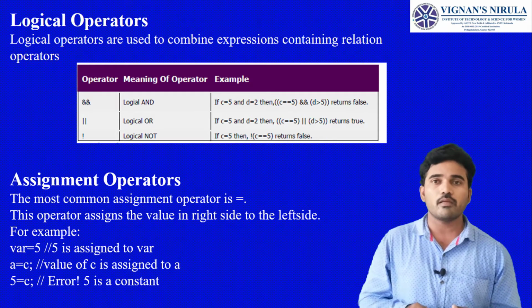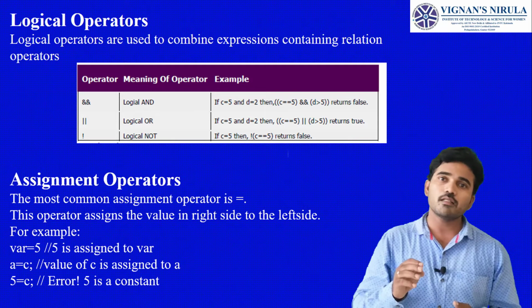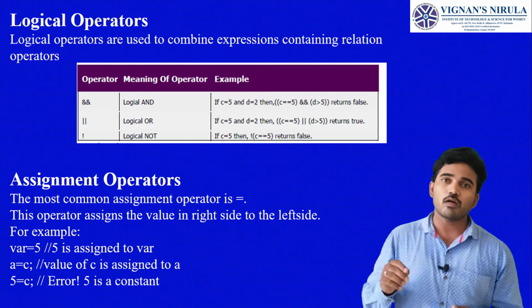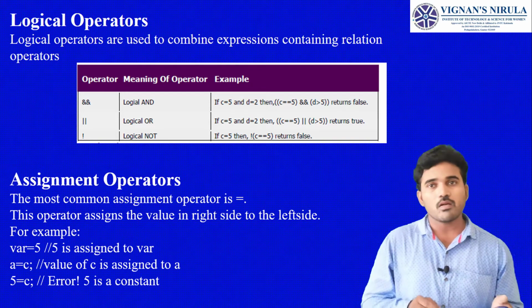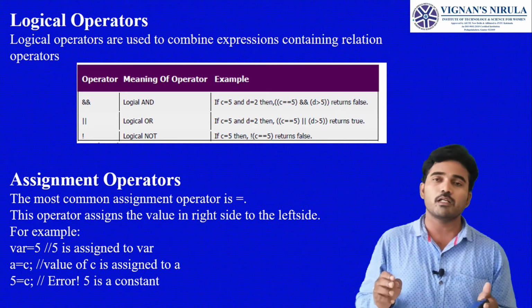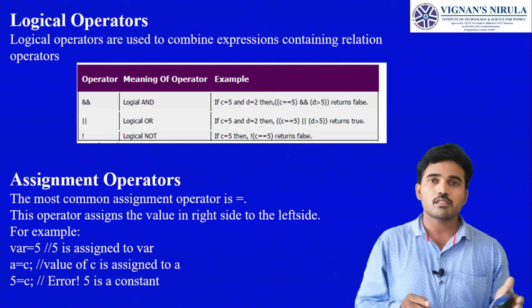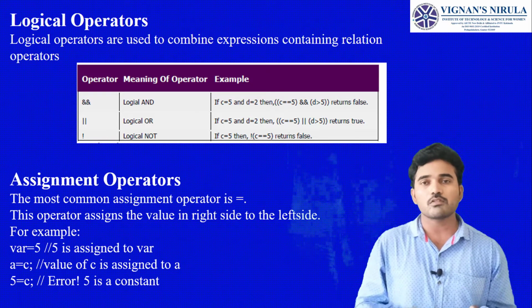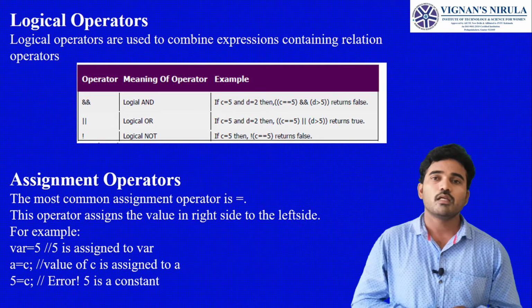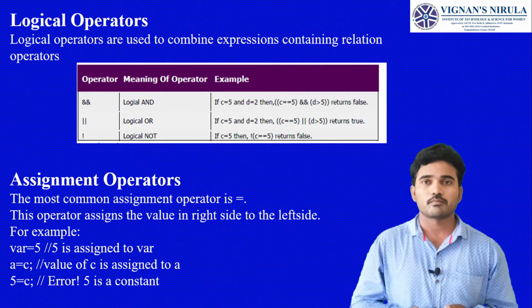Here d > 5 is false, so ultimately the expression will return false. In the same way for logical or, either a or b: if any one of these is true, then the final expression returns true. And in the same way the not symbol: if c = 5, then what you have written, not c == 5, returns false.